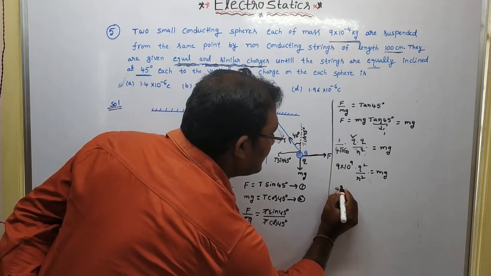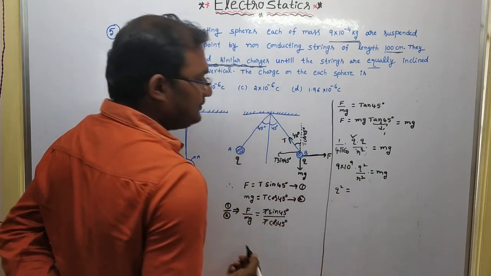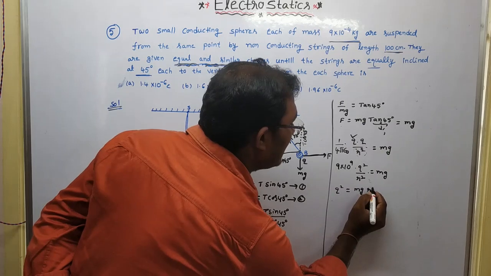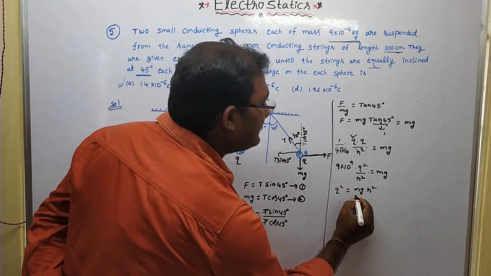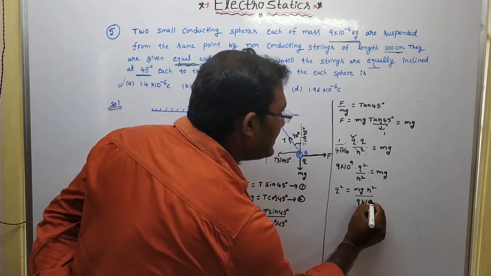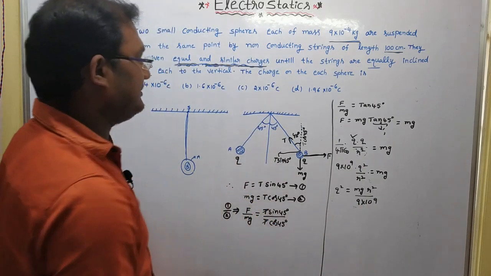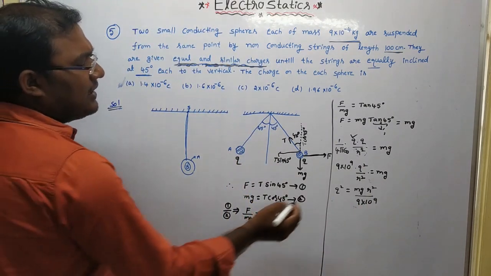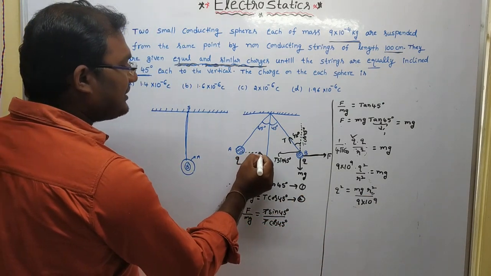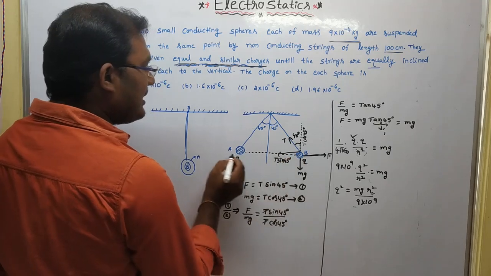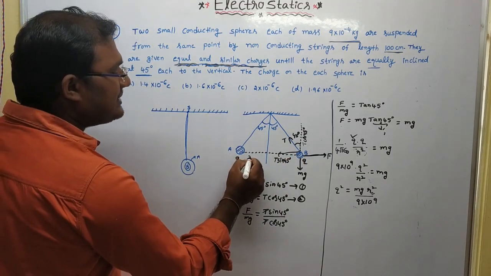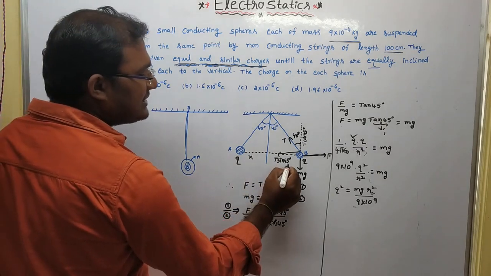Therefore, q square equal to mg r square divided by 9 into 10 power 9. Here r is the distance between A and B. Let the distance be x here, and here also the distance be x.